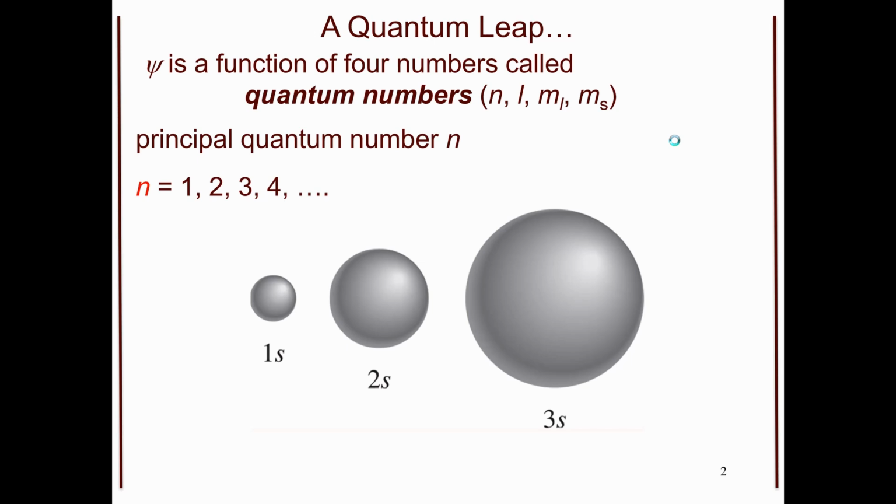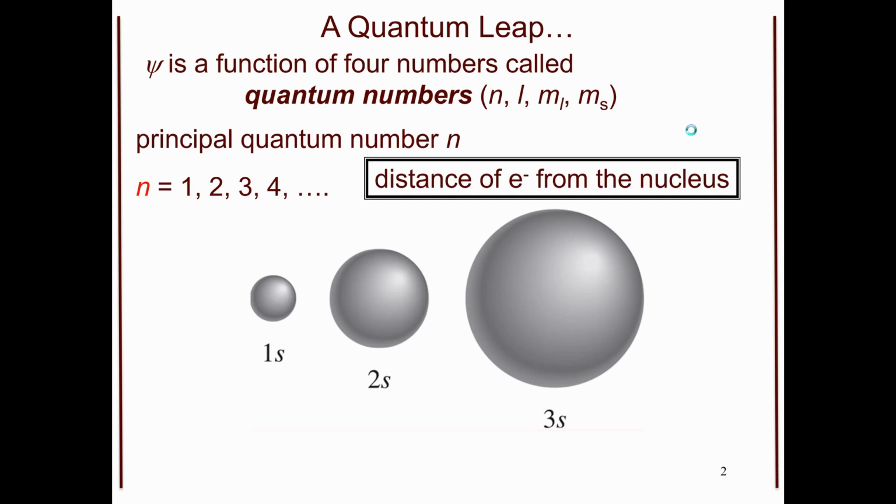So our principal quantum numbers must be positive integer numbers starting with 1 and going to 2, 3, 4, and so on and so forth. What this does is give us an idea of the distance of the electron from the nucleus.